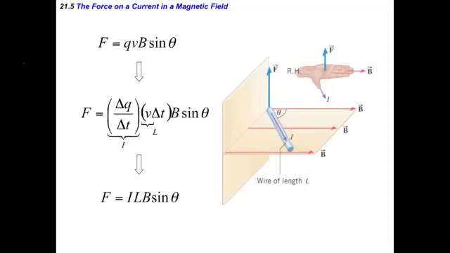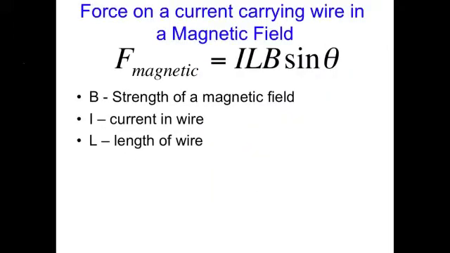By using our equation for a charged particle in a magnetic field, QVB sine of theta, and by using a little bit of knowledge that the current is Q divided by T, and that our velocity can be the length of wire that we have divided by time, we can get a new equation for the force on a current carrying wire. This comes out to be that the magnetic force is ILB times the sine of theta, where B is the strength of the magnetic field, I is the current, and L is the length.